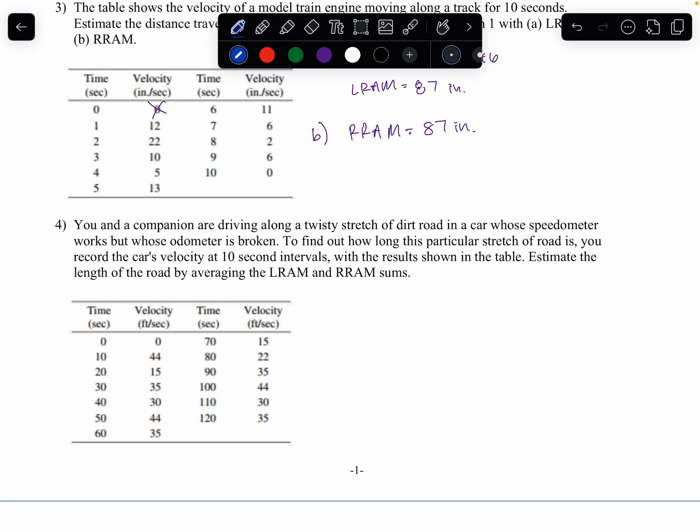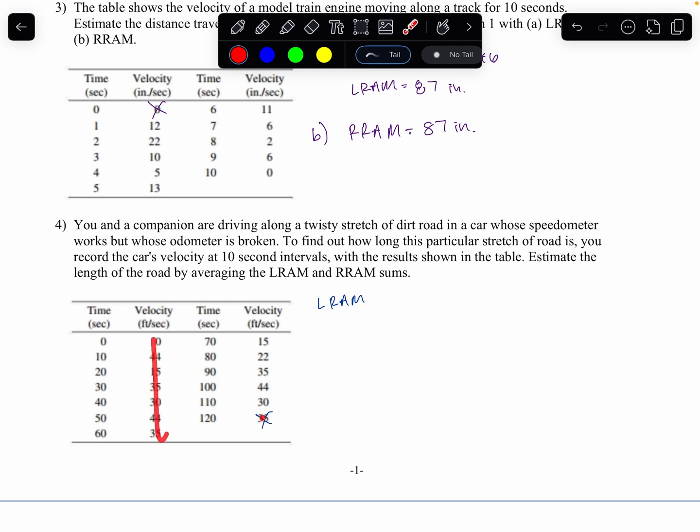So let's do an LRAM approximation. 10-second intervals, so 10, 20, 30, 40, 50, 60. It's shown here. And for LRAM, we would be excluding this last Y value right here.